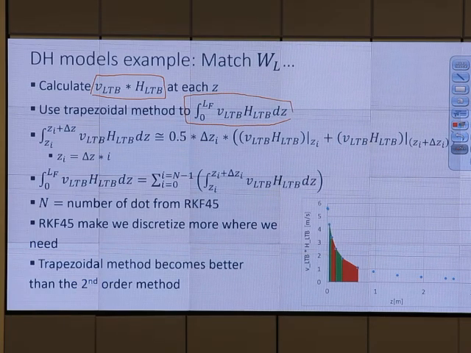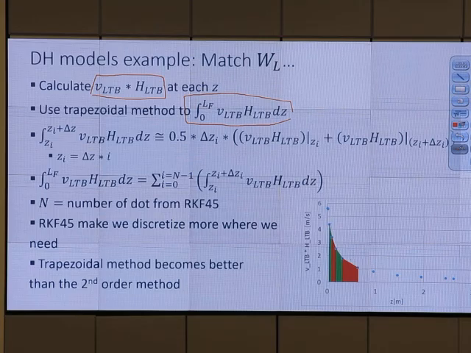I do that integration. So basically I do the plot. You see this plot, VLTB multiplied by HLTB at every location. Multiply it, plot it, then calculate the area under the curve. Area under the curve, I assume it to be trapezoidal.